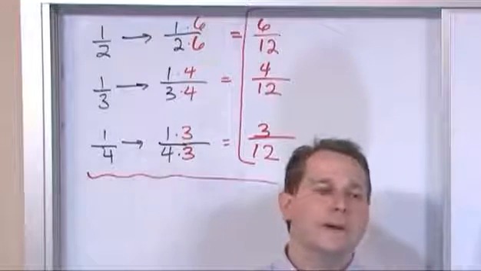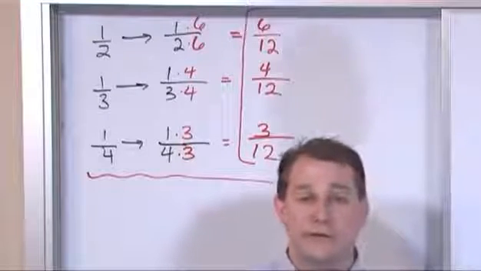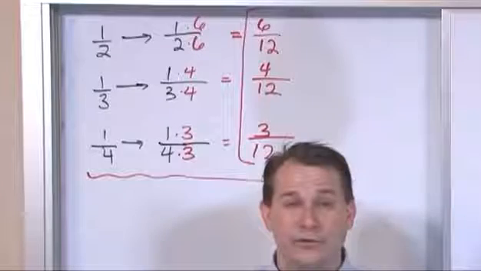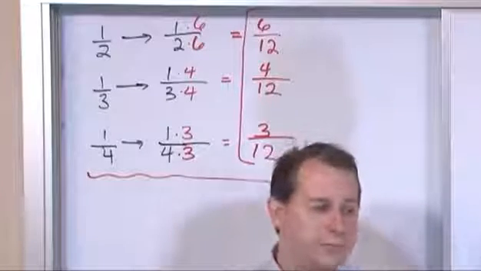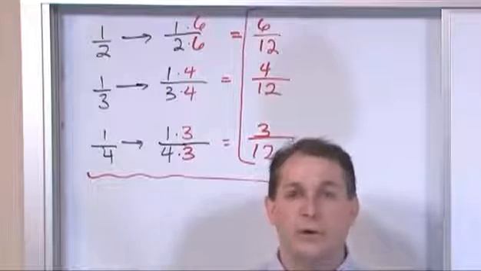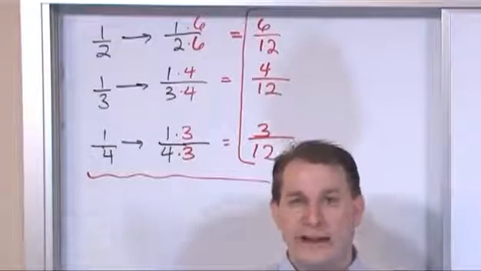And so if you are having a hard time looking at two fractions and realizing which one's larger, which one's smaller, then the easiest way to figure that out is to put them in terms of a common denominator. And then it'll be just like reading it off the page. You won't have to do any work at all. You'll just have to read the answer.